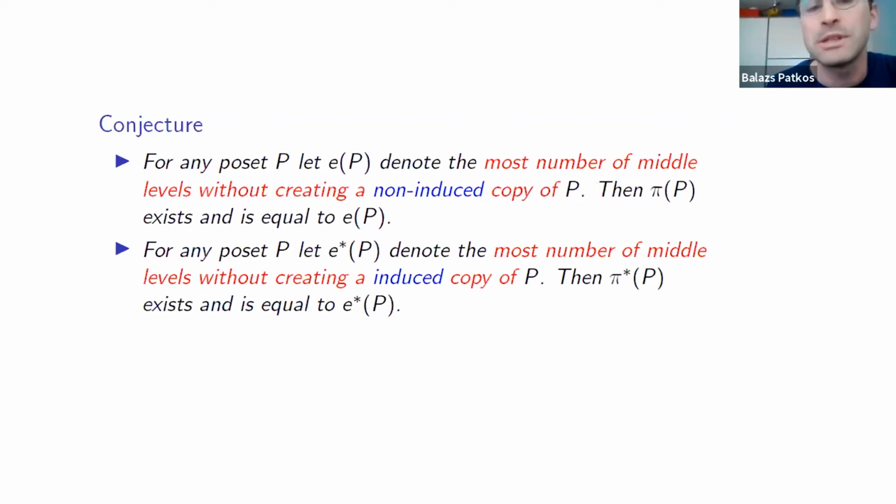And this is the same, just instead of a chain of size k+1, now we have an arbitrary poset P. So we try to collect as many middle levels as possible without creating a copy of P, non-induced or induced. And the conjecture is that that is asymptotically best. It is proved for some classes of posets, but it is wide open in general.